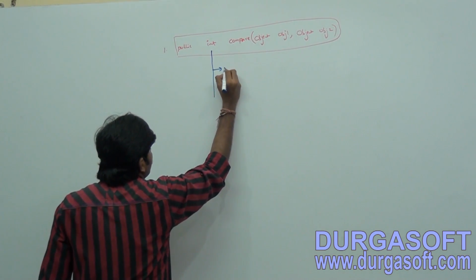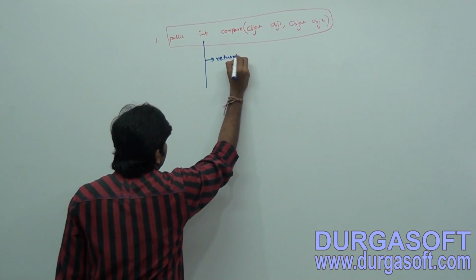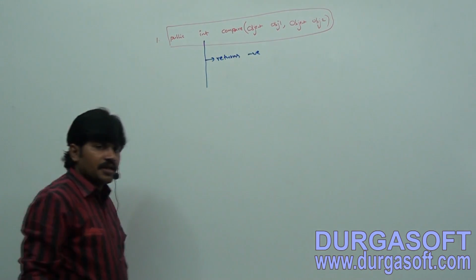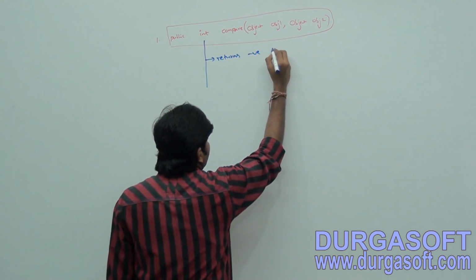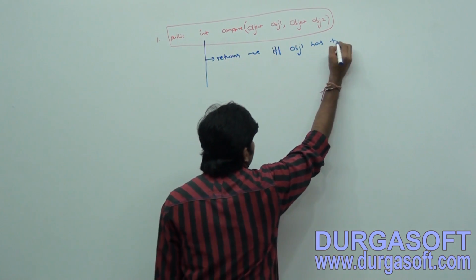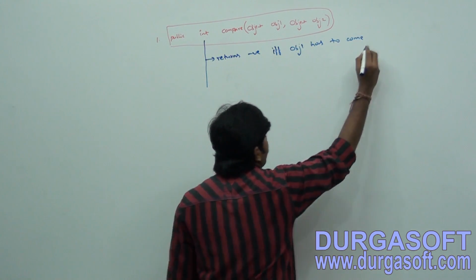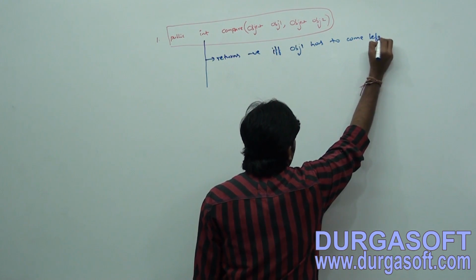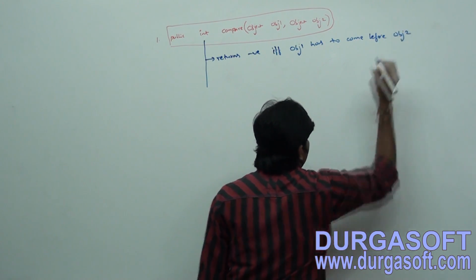It returns a negative number if and only if obj1 has to come before obj2.